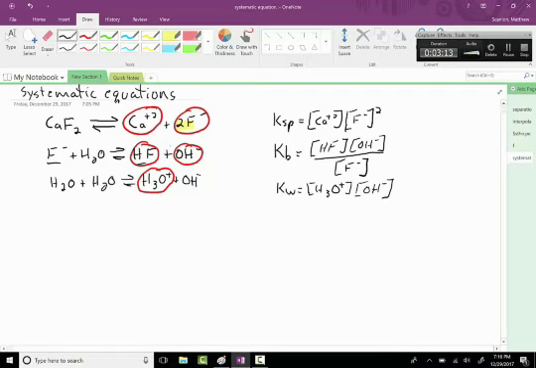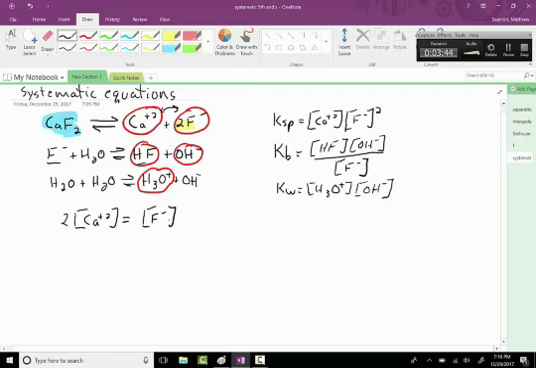Now, right away, I notice that the calcium and the fluoride are related because the only source of calcium and fluoride is the calcium fluoride. So they have to be in a 2-to-1 ratio there. So what I know is there's always 2 times as much fluoride as calcium. So I can make this: 2 times the concentration of calcium plus 2 has got to be equal to the total fluoride concentration, which would be fluoride minus.